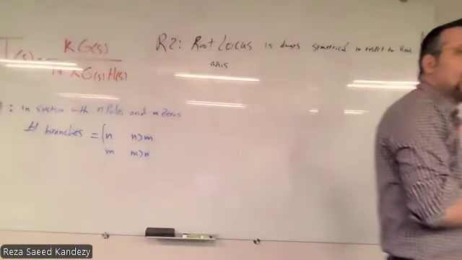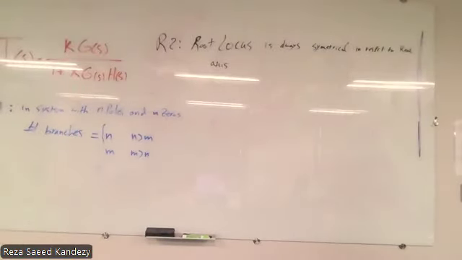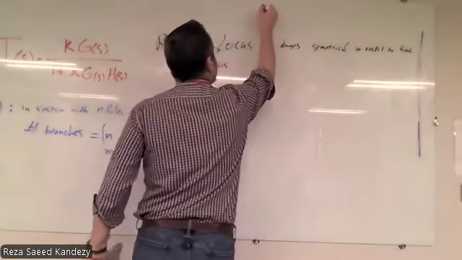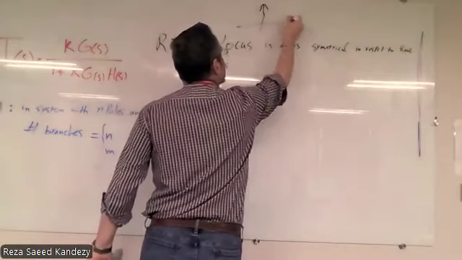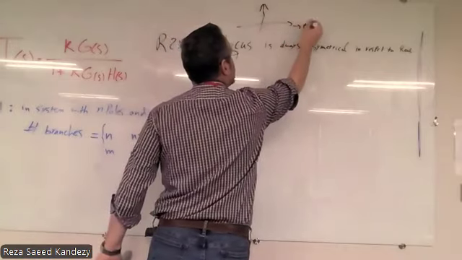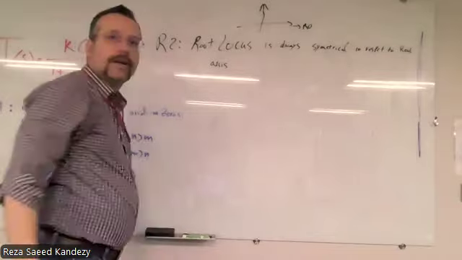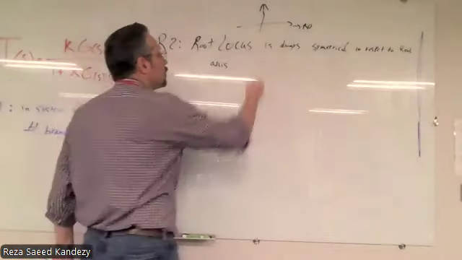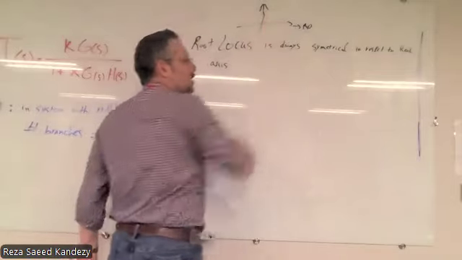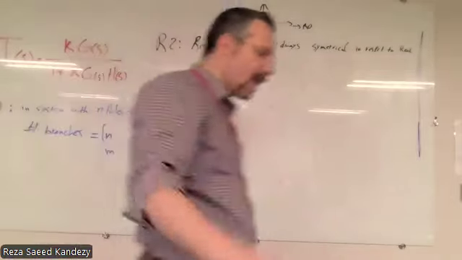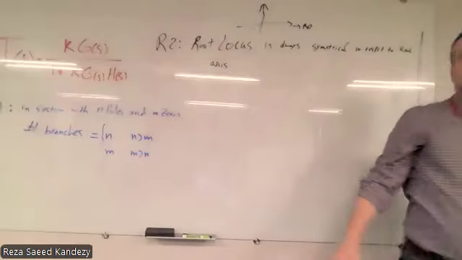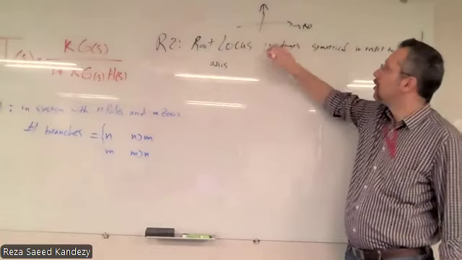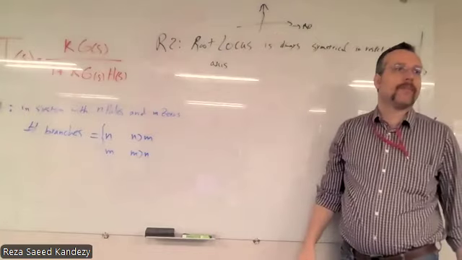Can anyone tell me why it's always symmetrical? What that means is, if you have a sketch, this is the real axis, the root locus sketch should be symmetric with respect to this axis. That means whatever you have in the top part, you are going to see the mirror of that in the bottom part.